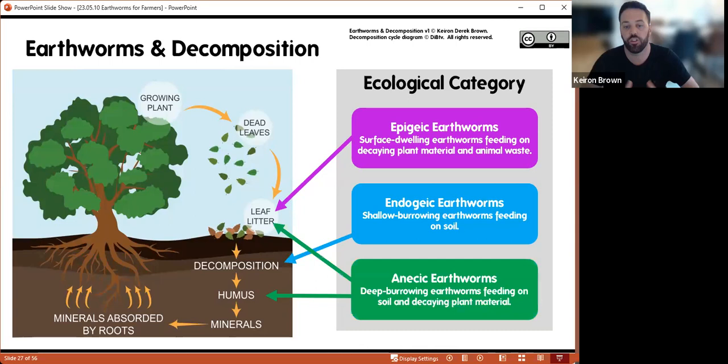And then finally, you've got the anecic earthworms, which are also feeding on the leaf litter as well, but they're also feeding on soil from the whole profile, including the really nutrient poor soil deep down in the profile. And that's all been mixed up inside their gut and then pooped out as their earthworm casts. So when we delve into things a little deeper, we can see that it's not just a simple case of earthworms are involved in decomposition. Our different types of earthworm are involved in different parts of the decomposition cycle.